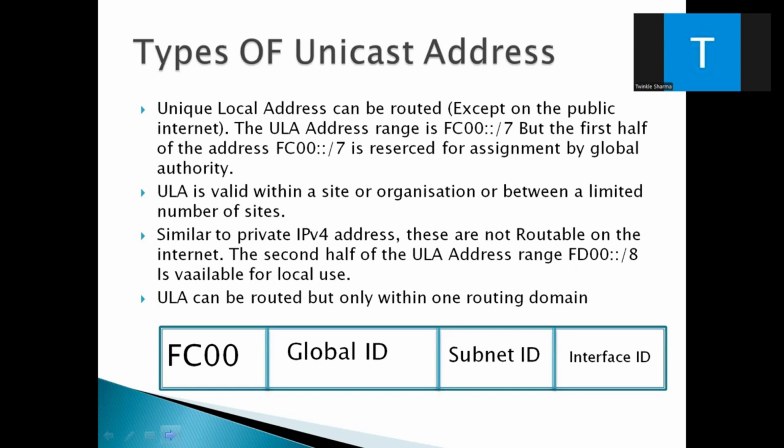ULA is valid within a site or organization, or between a limited number of sites. Similar to private IPv4 addresses, these are not routable on the internet. The second half of the ULA address range, FD00::/8, is available for local use. ULA can be routed but only within one routing domain.